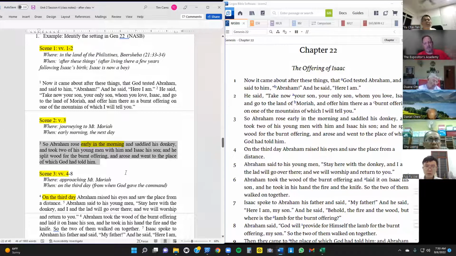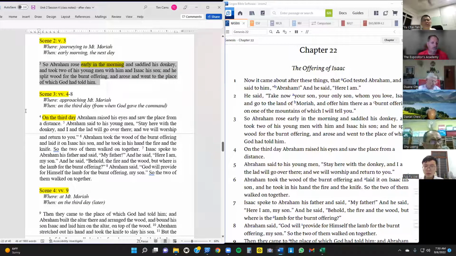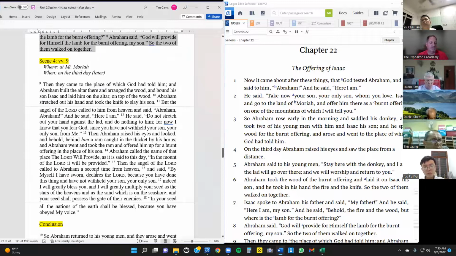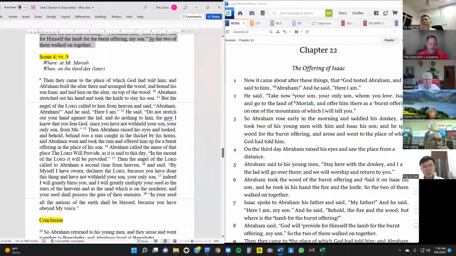Verse 3 is the next scene where Abraham gets up early and saddles a donkey, and they leave. And that's it. Scene 3 starts in verse 4, and it's just while on the journey, as they approach the mountain, this very short dialogue between Abraham and his son. And then the curtain closes there, because the next scene is they're now at Mount Moriah, at the location where Abraham is going to offer his son.